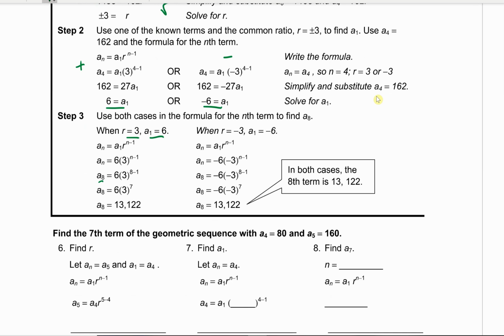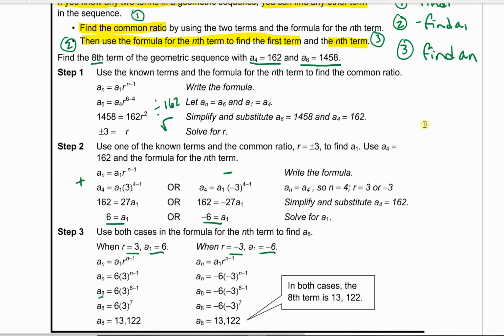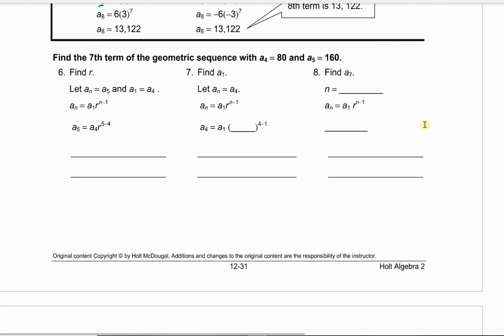When you work it out, you get 13,122. Then we try it with negative 3 and negative 6, and we work it out. Oh, we get 13,122. So it doesn't really matter. In both cases, we still get 13,122. So you have to check, especially if there's a possibility that you have a negative ratio.